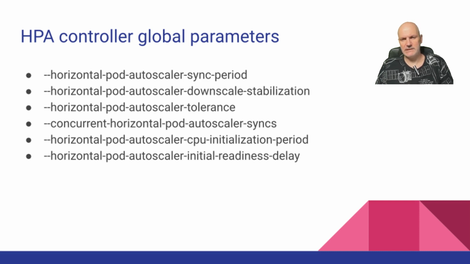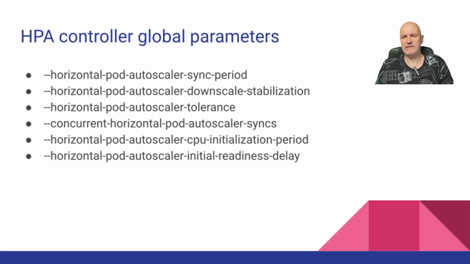The downscale stabilization with the default of 5 minutes sets the time window in the past from which the scale down recommendation maximum is selected. The tolerance sets the metric change sensitivity threshold. If you have many HPA objects, you may want to increase the concurrent horizontal pod autoscaler syncs to ensure more responsive reactions.